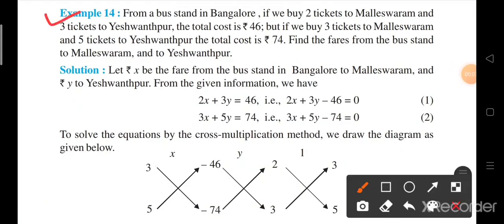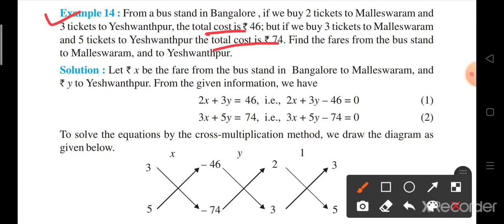In example number 14, from a bus stand in Bangalore, if we buy 2 tickets to Malleshwaram and 3 tickets to Yashwantpuram, the cost is 46 rupees. If we buy 3 tickets to Malleshwaram and 5 tickets to Yashwantpuram, the total cost is 74 rupees.